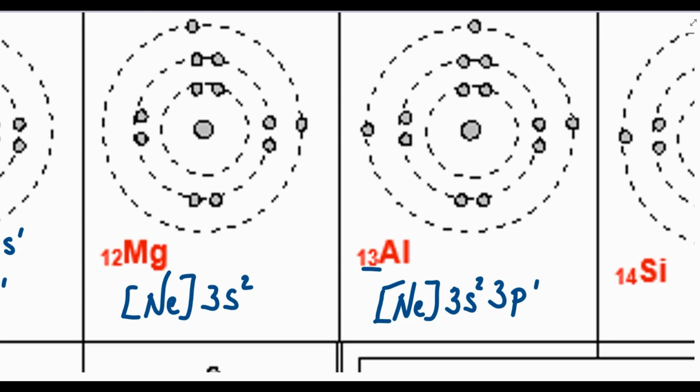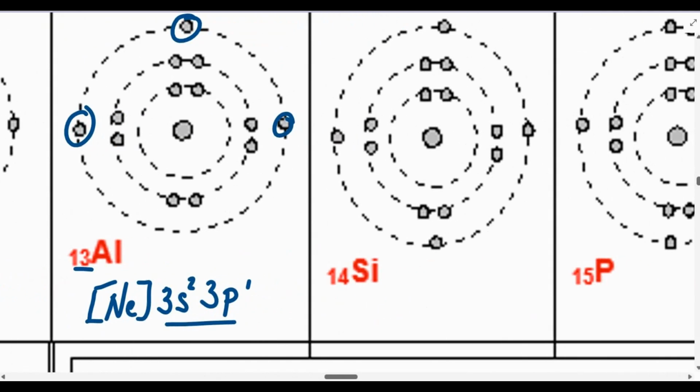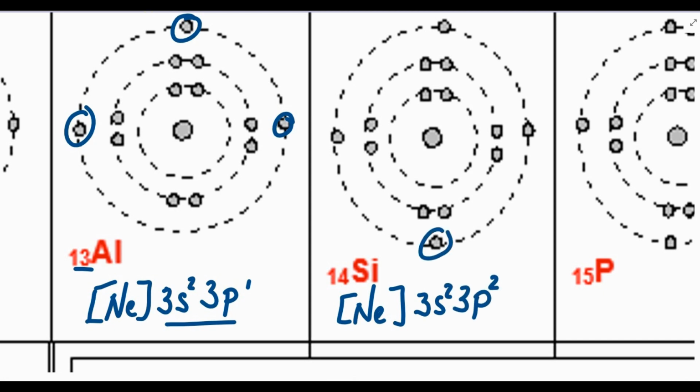3p1. So these 3 electrons here in the third shell, that's what we're describing. First the S is filled, and then the P starts to fill. Silicon, we would write neon 3s2, 3p2, because there's 4 electrons in the valence shell. The s orbital is filled and 2 in the p.